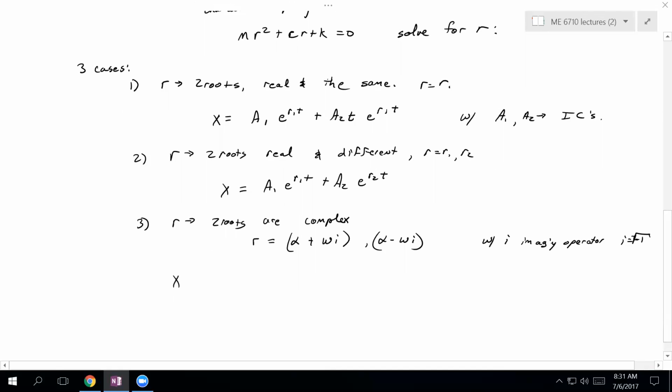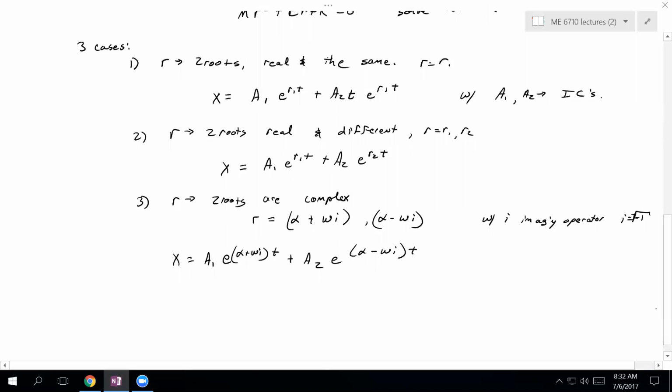And then our solution becomes x is a1, so I just plug in my roots here, e to the alpha plus omega i t plus a2 e to the alpha minus omega i t. Now this would be just the way of plugging it in, but this is not the way we write the solution.